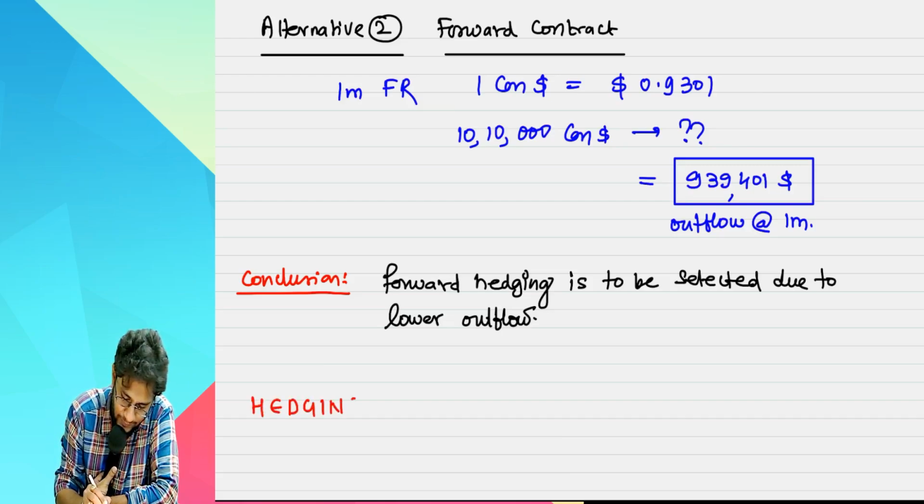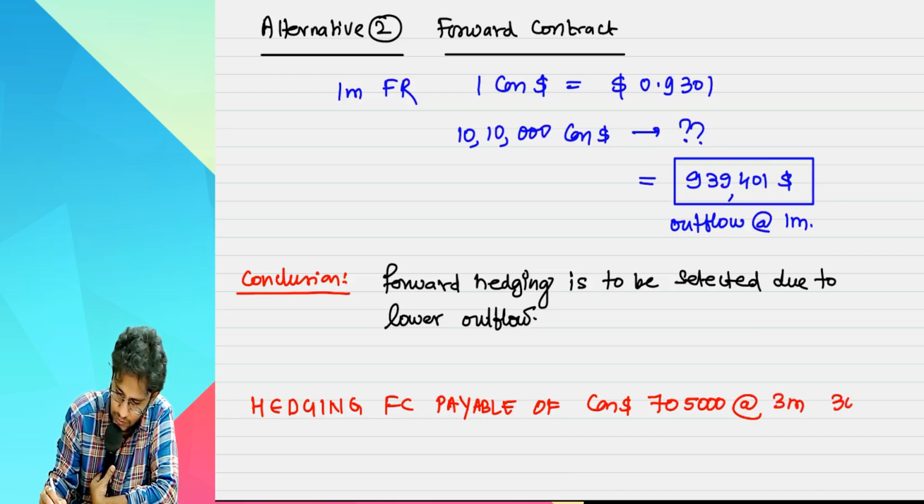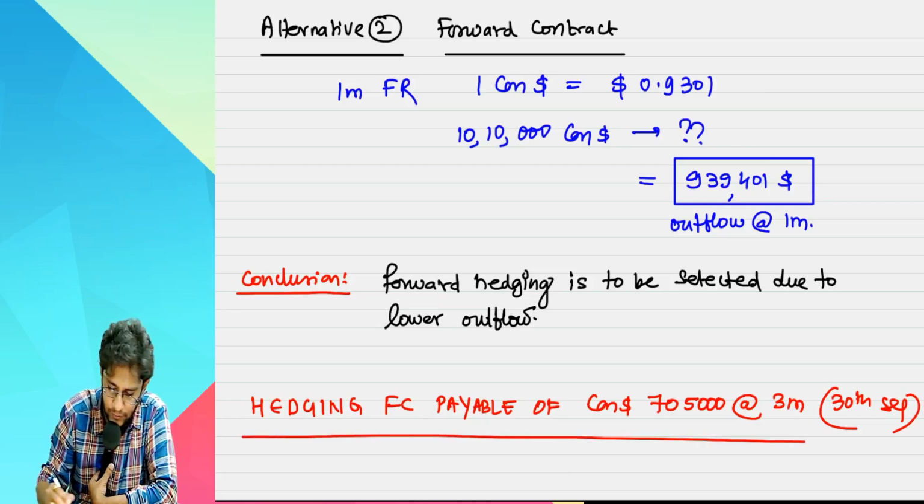Hedging. FC payable of, how much is this? 7 lakh, at 3 months time. 30th September payable, that is.